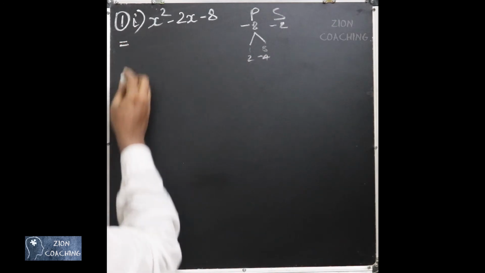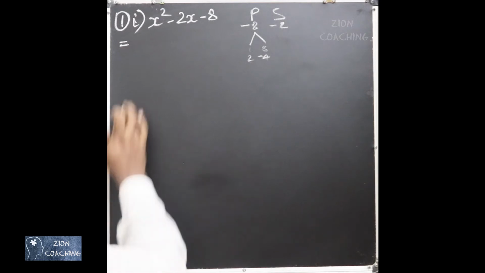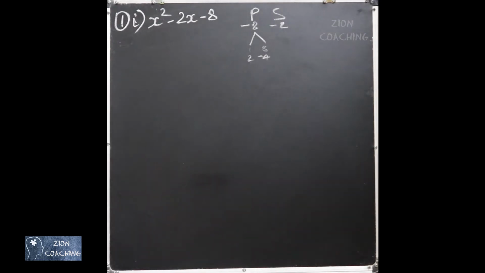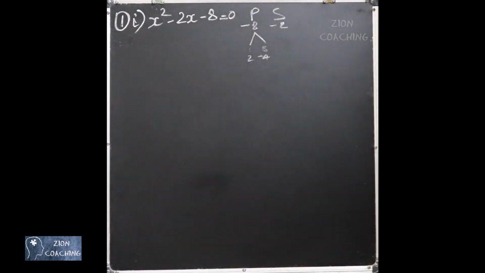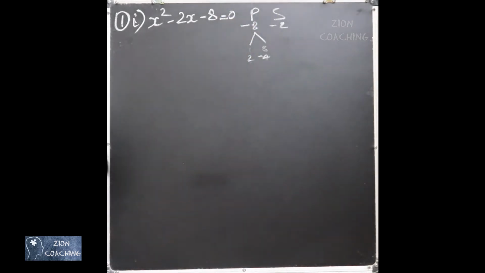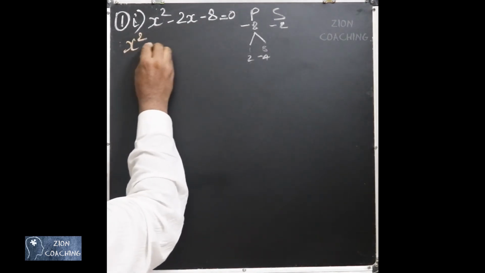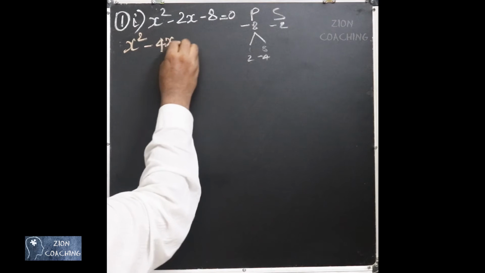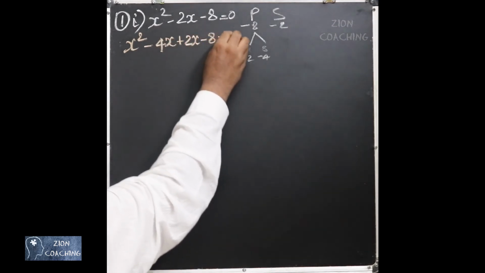So the given quadratic equation can be written as, we will equate it to 0 to find the zeros. Now the given quadratic equation can be written as x squared minus 4x plus 2x minus 8 equal to 0.